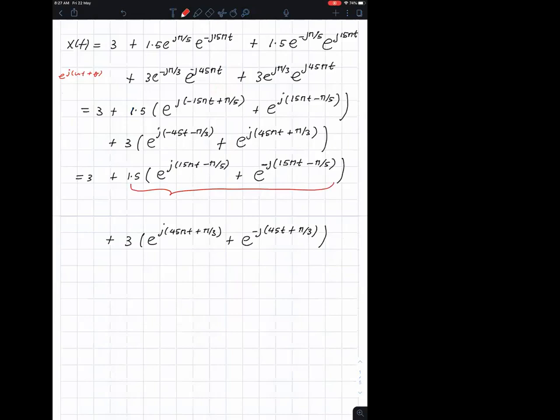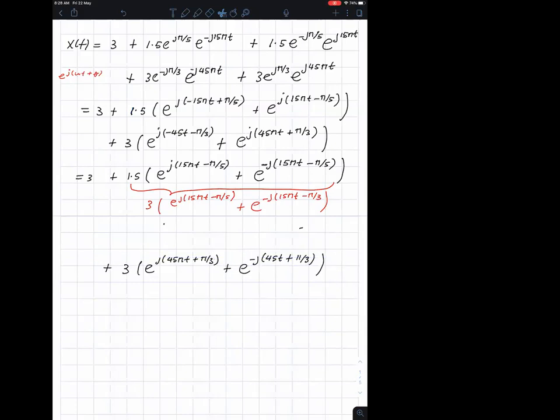This part here is the same as 3 over 2, e to the j minus e to the minus j. It's just like multiplying by 2 on the numerator and dividing by 2 in the denominator.